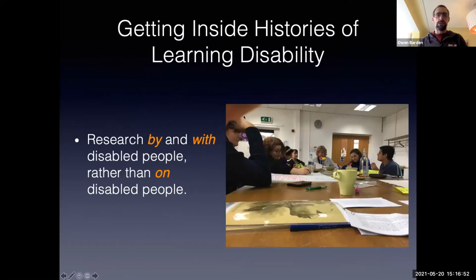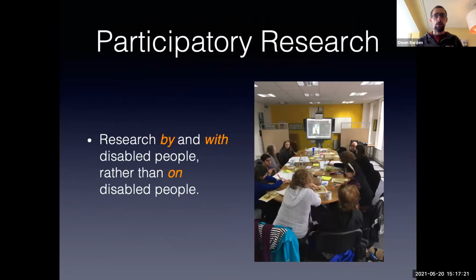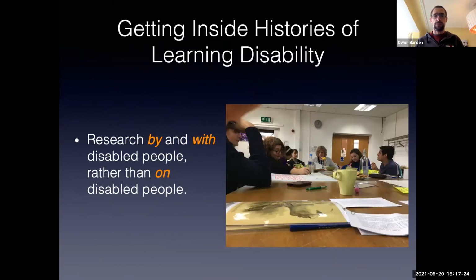So in this project, we all together, researchers who were learning disabled and not, were purposefully and systematically and rigorously analysing archive material in order to understand both how learning disability was conceptualised back in the 1850s, 60s, 70s, and how that relates to people's experience of learning disability today. There is a separate lecture that I've done solely on participatory research for those of you on the single honours, so you can get more detail on that there.